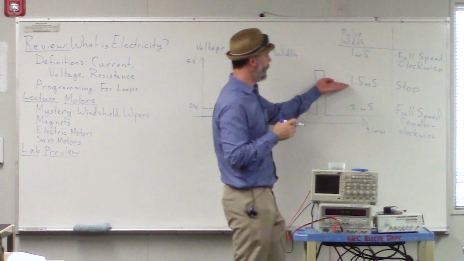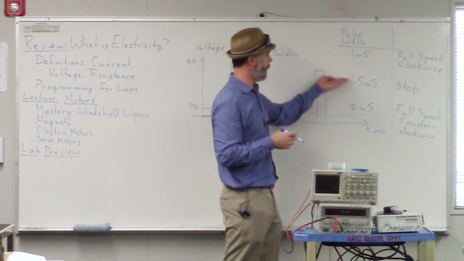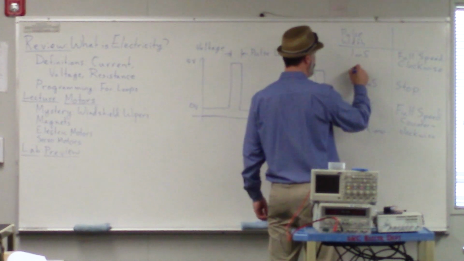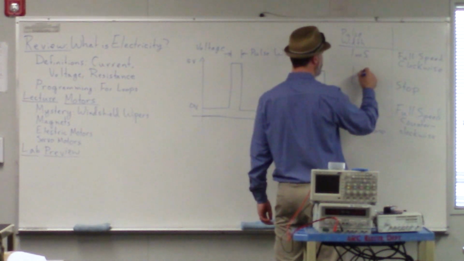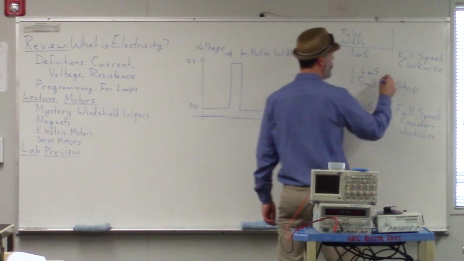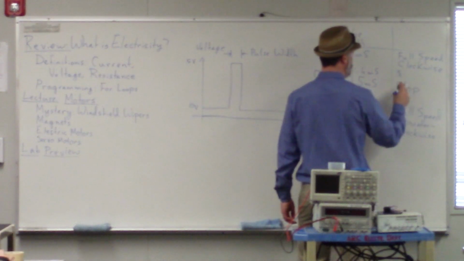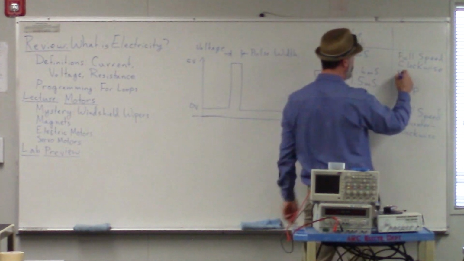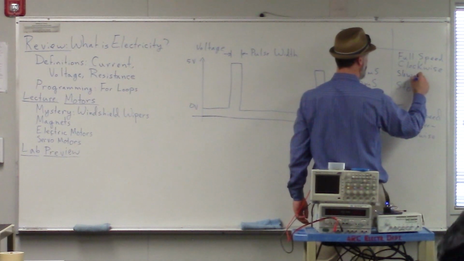And then we have kind of gray areas in between also. So say, 1.6 milliseconds is between stopped and full speed clockwise, so it would be slow clockwise.